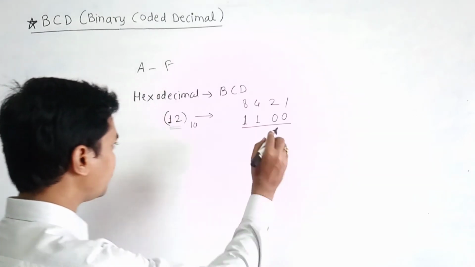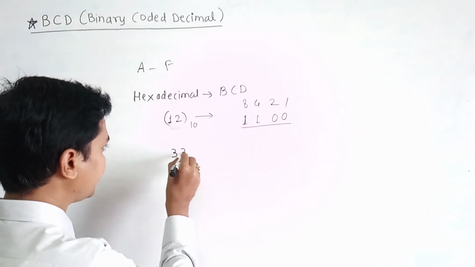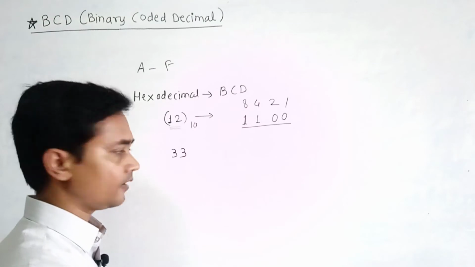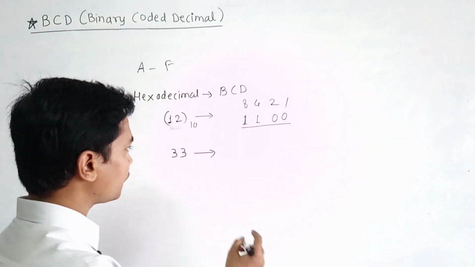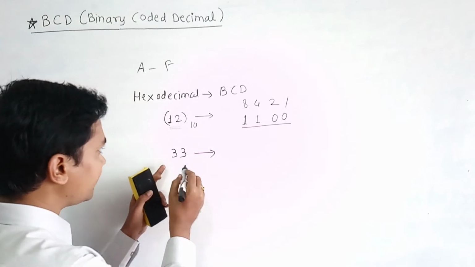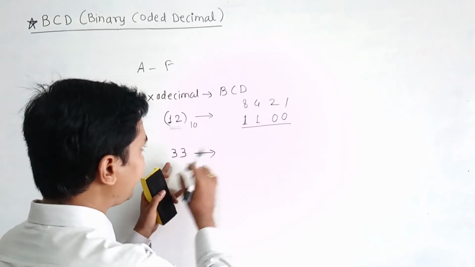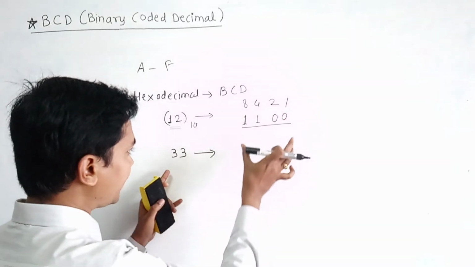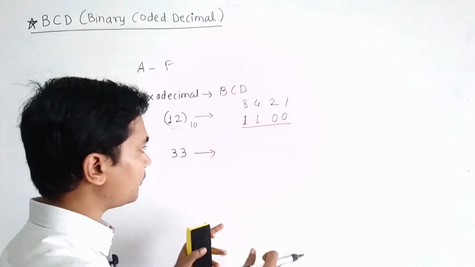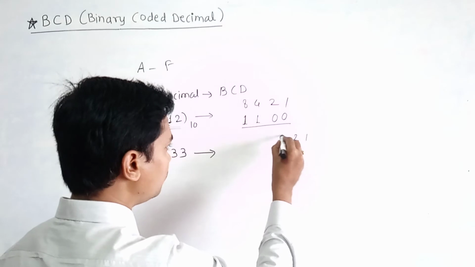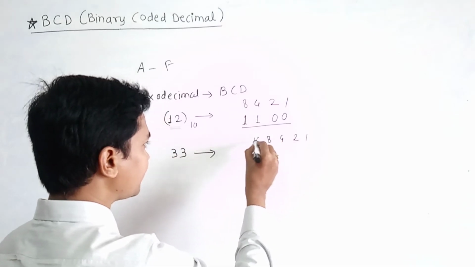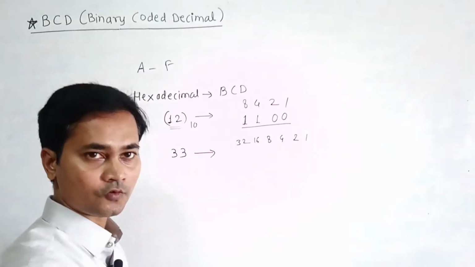Suppose I want to represent the value 33. How can you represent it in binary? In this range the number cannot fit, so we just go on multiplying: 1, 2, 4, 8, 16, 32 and so on.